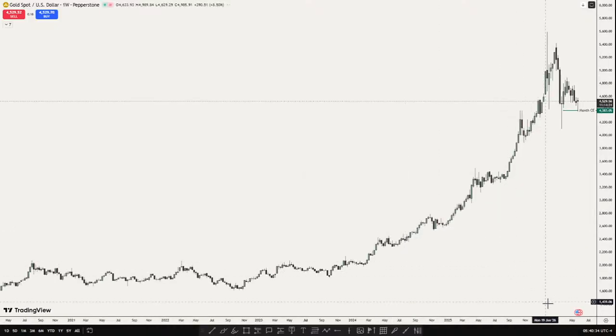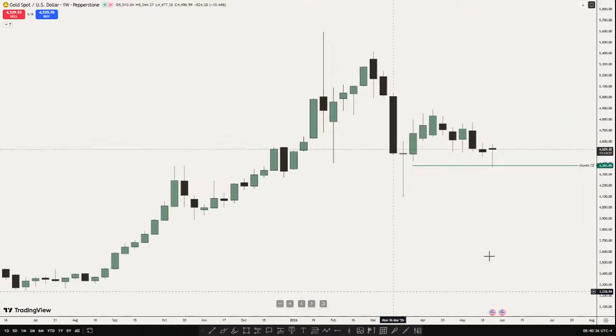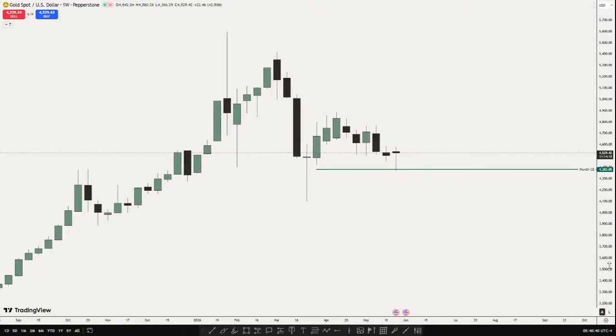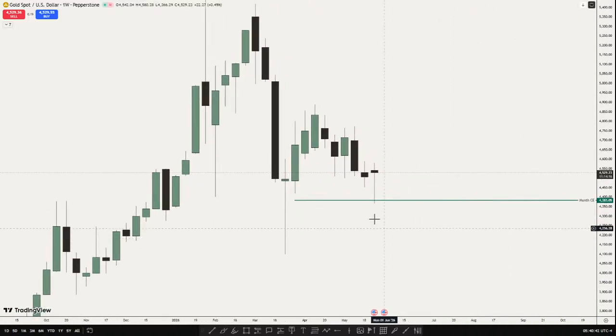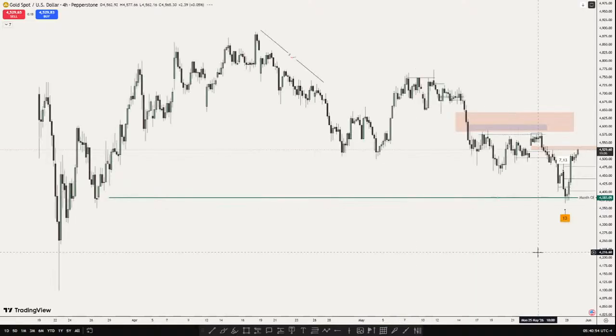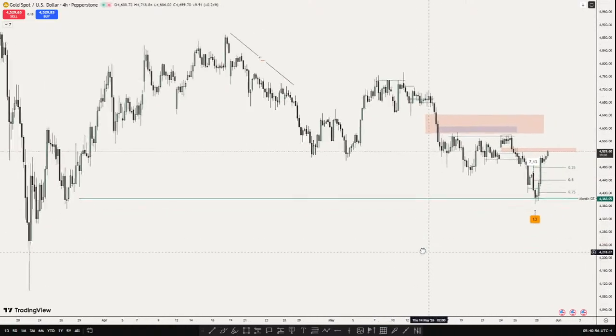The level I gave you was this 4383. This was the level that I said price should come back to so that we can look for longs.